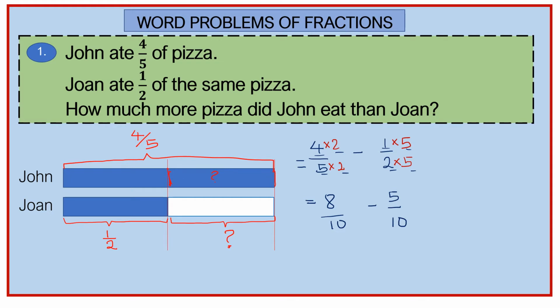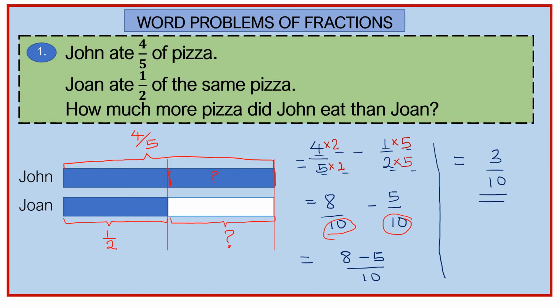So you can see that the denominators are now the same. So we get 8 minus 5 out of 10, and this is equal to 3 out of 10.